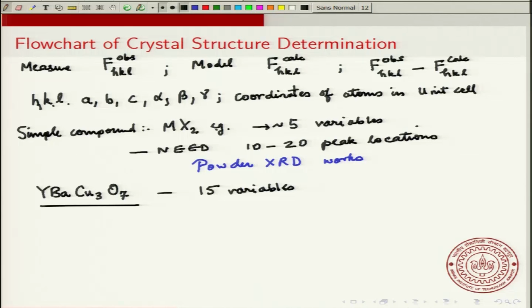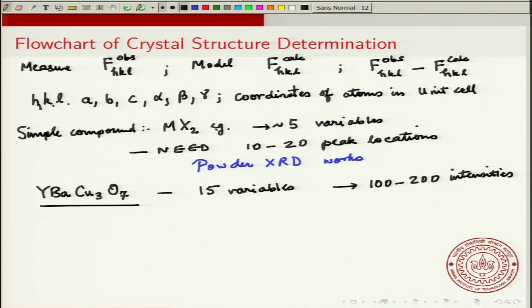And if you have 15 to 20 variables, you need about 100 to 200 intensities. You need to know about 100 to 200 intensities.